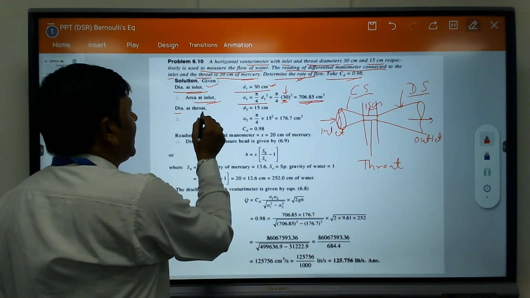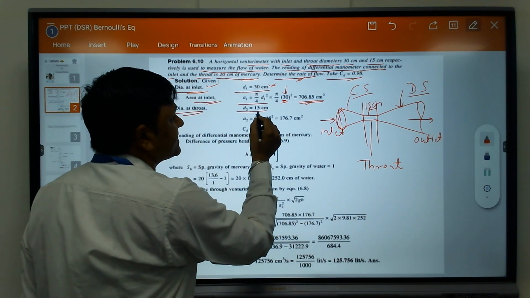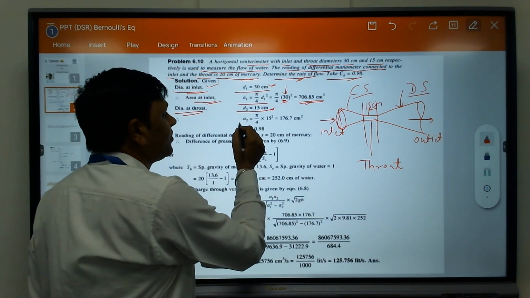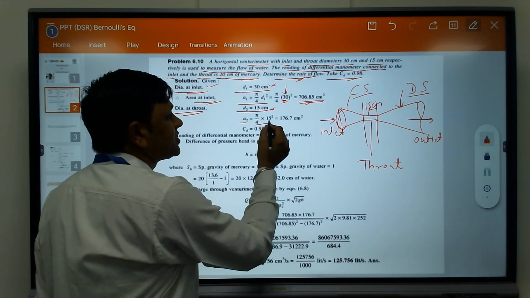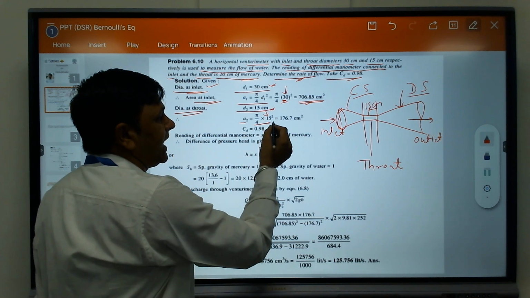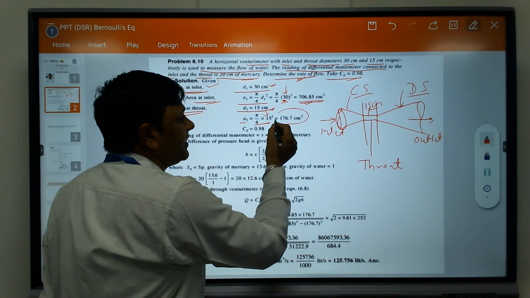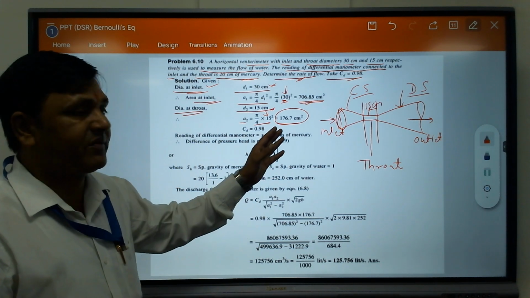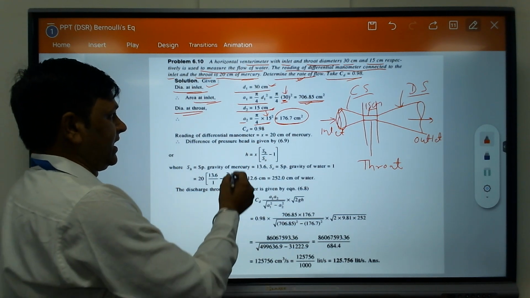Now the throat diameter is 15 centimeter here, and the area of the throat is pi by 4 d square. Putting the value of diameter as 15, after calculating we will get the area of the throat as 176.7 centimeter square.